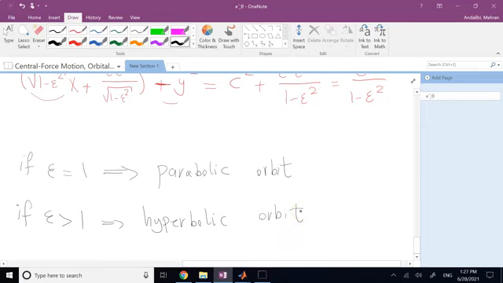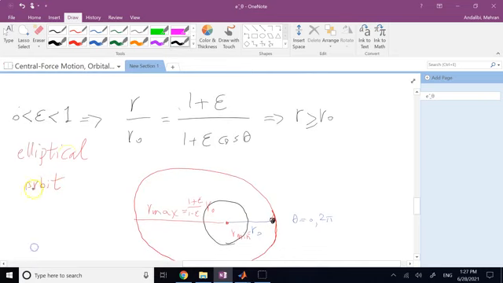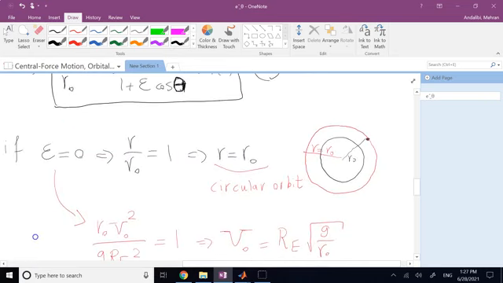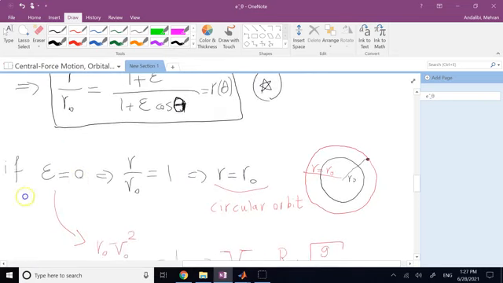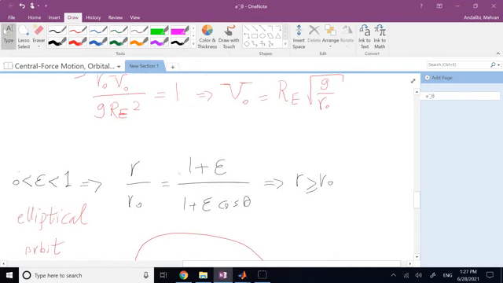Okay, so bigger than 1 hyperbolic, equal to 1 parabolic, between 0 to 1 elliptic, and equal to 0 it is circular orbit. So this is the equation of r as a function of theta, and you saw that based on the value of epsilon you can have 4 different types of behaviors.